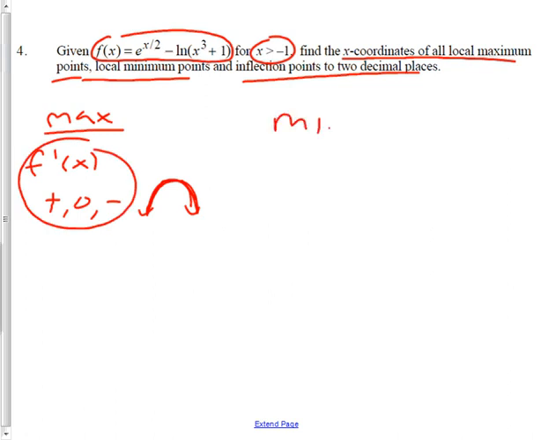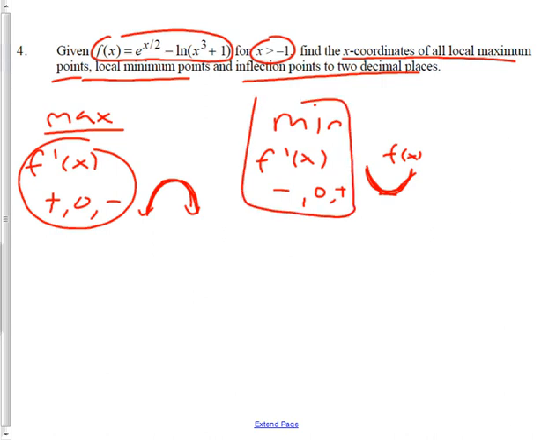It's going to have a local min where my first derivative goes from negative to 0 to positive, meaning a negative slope, a zero slope, and a positive slope, giving my function a local min. And to find a point of inflection, the second derivative must go either positive, 0, negative or negative, 0, positive. So how do we do that? It's all using n-deriv on our calculator.